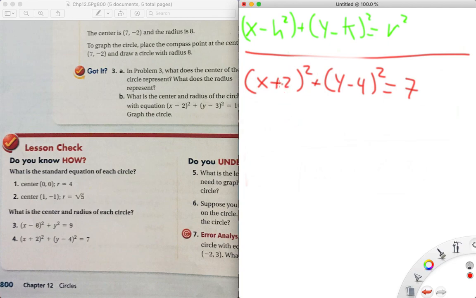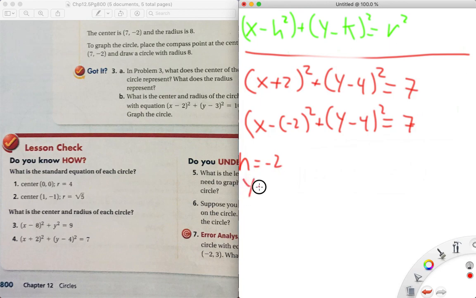So I can rename this a little bit. X minus negative 2 squared plus y minus 4 squared equals 7. So I know that my h is negative 2, my k is 4, and again remember this radius is, this 7 is squared, right?